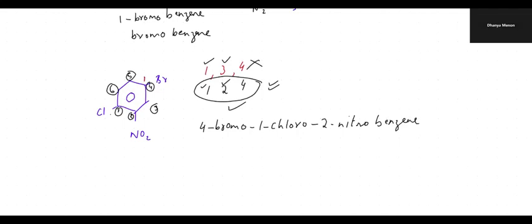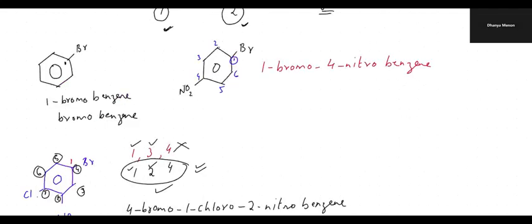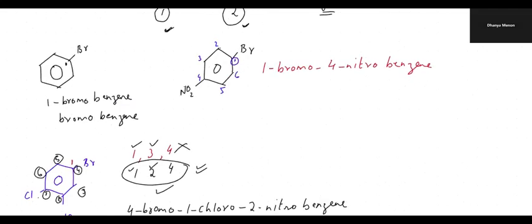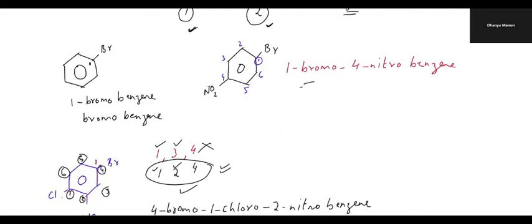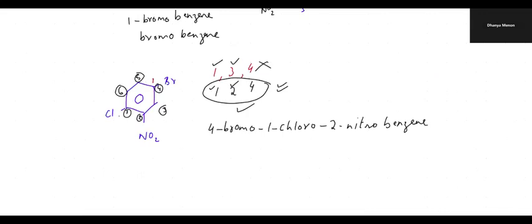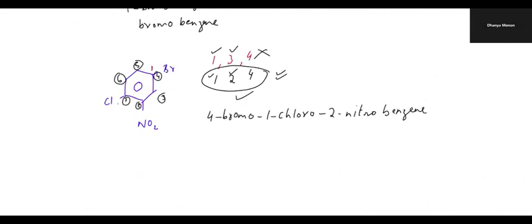In the previous one, it was the same whichever way we numbered, so that is why we went with the alphabetical order. But in this case, we checked the 2 types of numbering, and we saw that this numbering gives the substituents the lowest positions. I hope I am clear here.